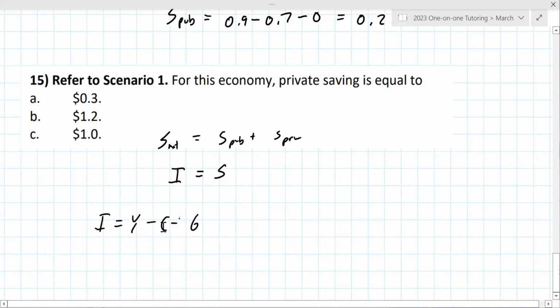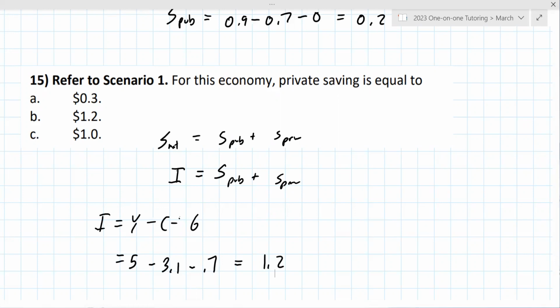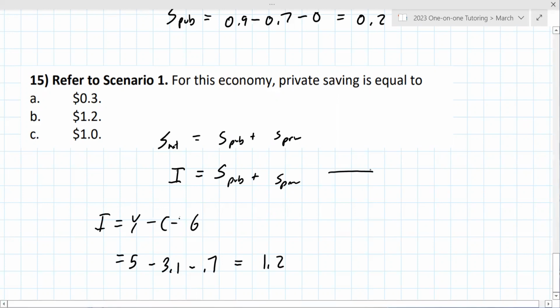You're good. You are given C, you are given G, and you're just given Y. So you're just plugging it in. 5 minus 3.1 minus 0.7 is 1.2. And then you're subtracting the 0.2 that we just found for public savings. Or no, we're adding it. Well, I'm using this second equation: 1.2 equals savings public, which is what we're trying to find, plus savings private.